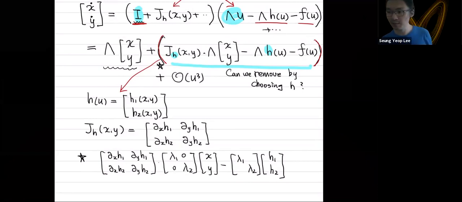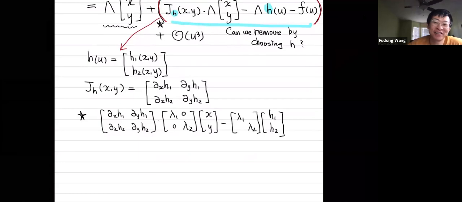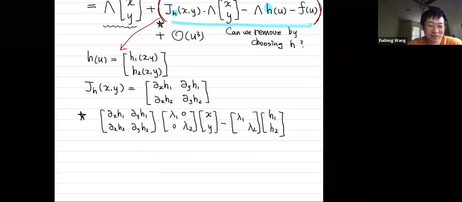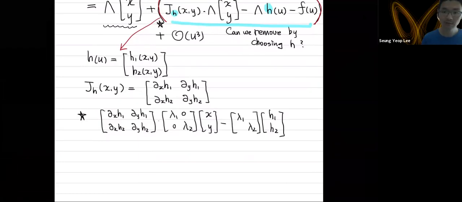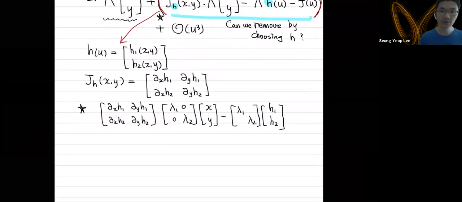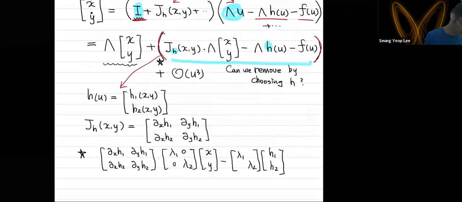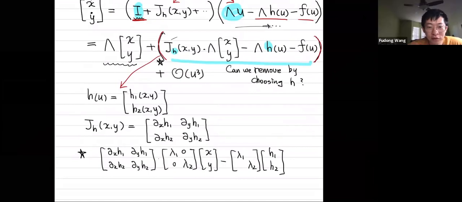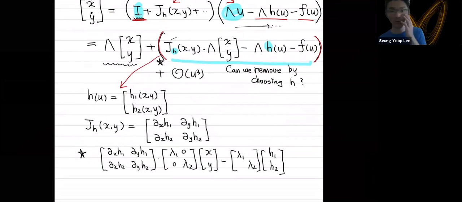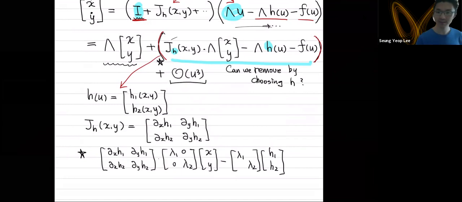You were saying something, but it was okay. Yeah, I was saying that then you have to solve a PDE, right? PDE? No, this is all just linear algebra, because we just want to solve this part. Because JH is a function, right? Yeah, JH is a function, but we only want up to quadratic order, so everything else is here.